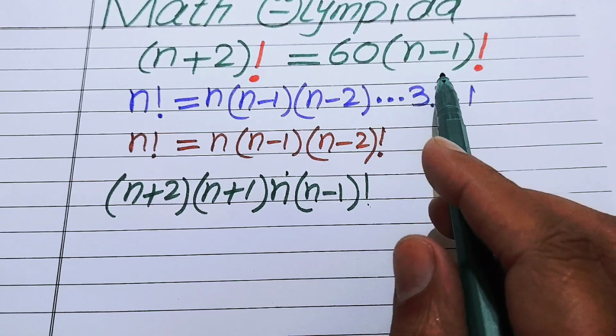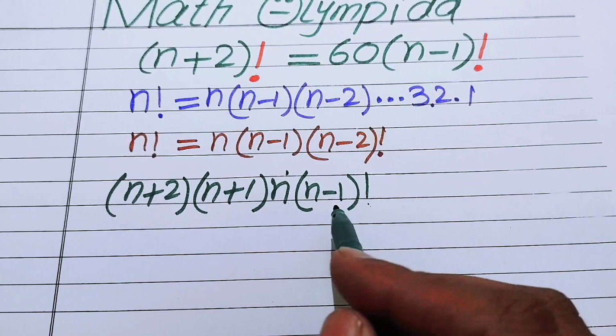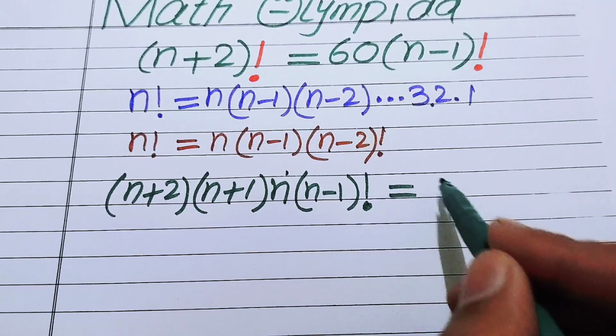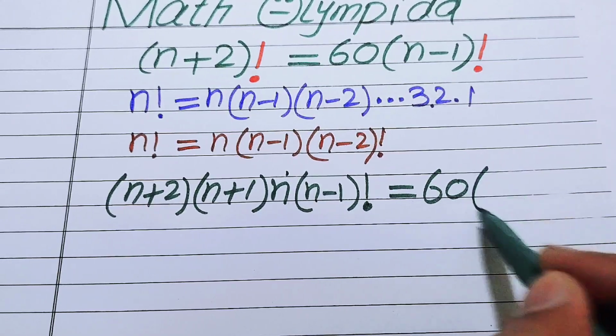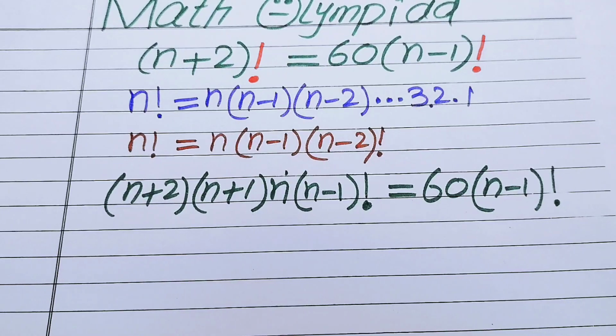Here we have (n-1) factorial, so I can break this multiplication at n-1 and write (n-1) factorial, and this whole expression equals 60 times (n-1) factorial.